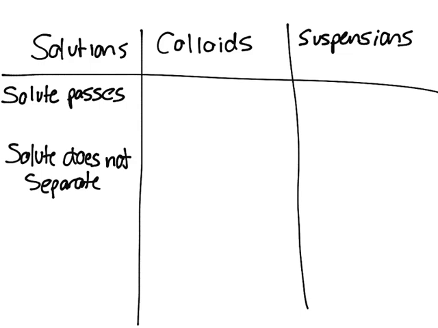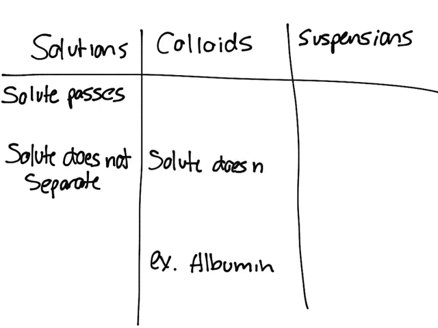And so now let's talk about colloids. With colloids, the solute has larger particles. An example is albumin. And with colloids, the solute also does not separate from the solvent. Another example is Jello. Jello is a colloid, so think of the consistency of Jello.